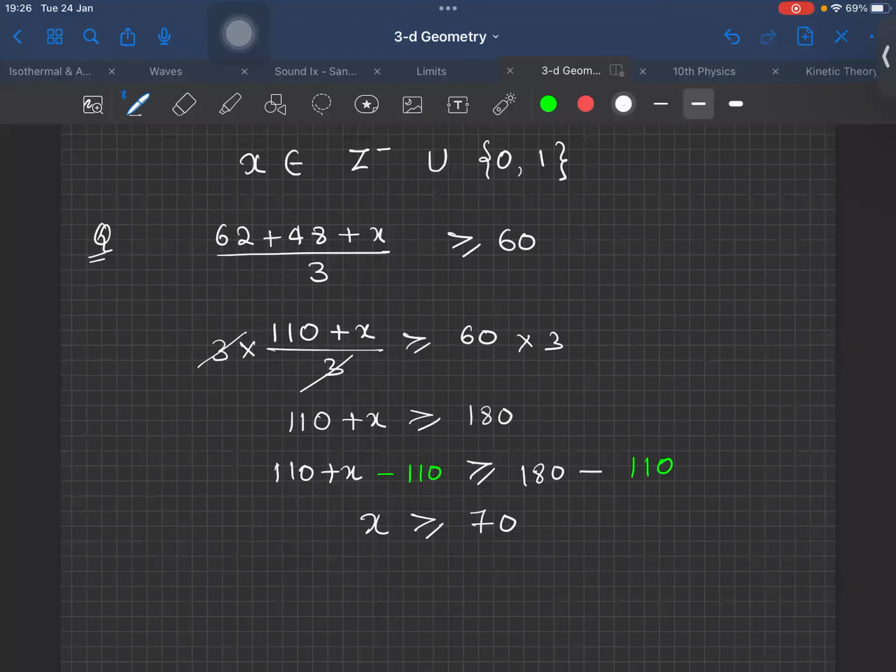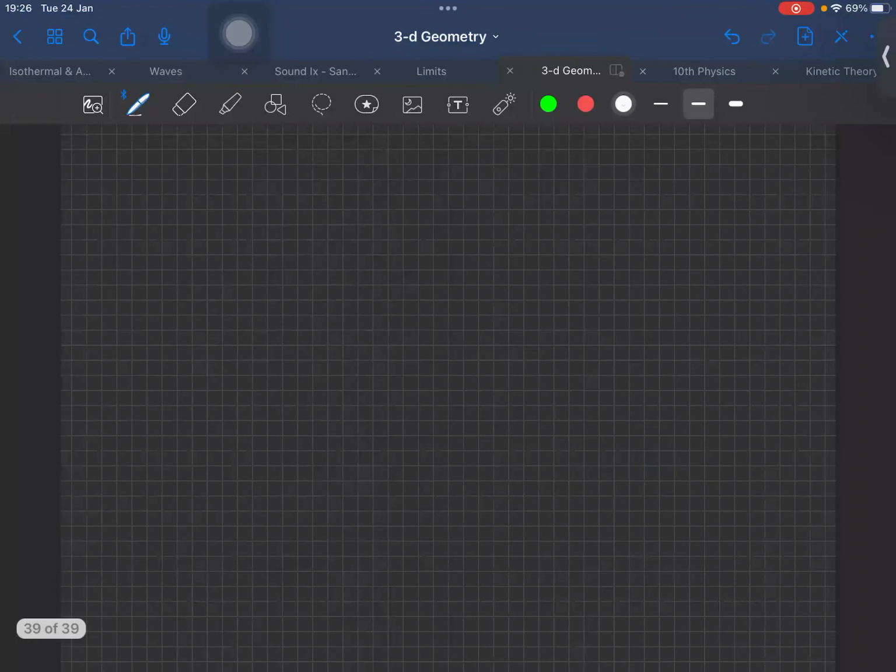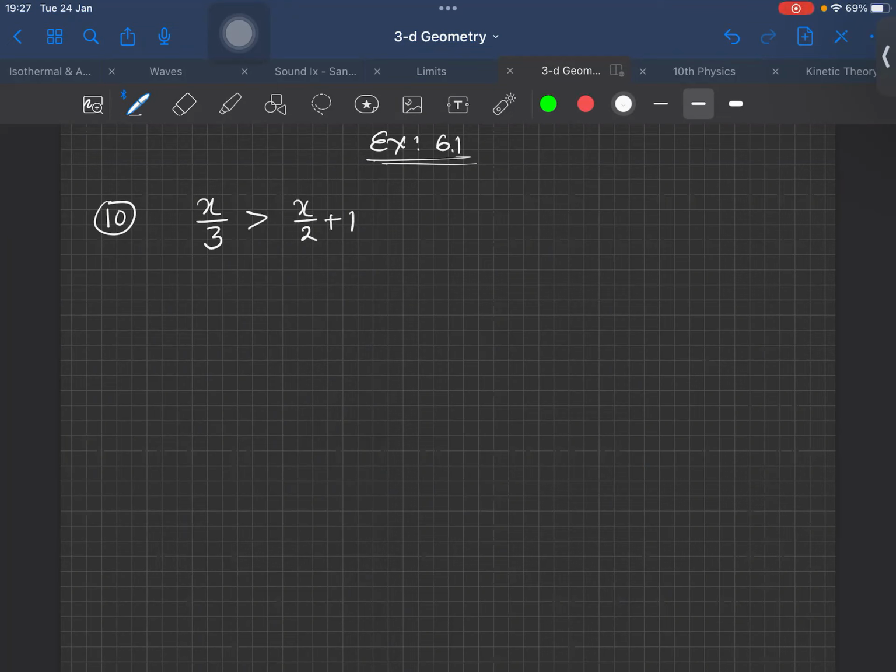So let's go to exercise 6.1 and just solve question number 10, which is x by 3 should be greater than x by 2 plus 1. See, right now here we are having a ratio, so be careful about this. How are we going to solve this?